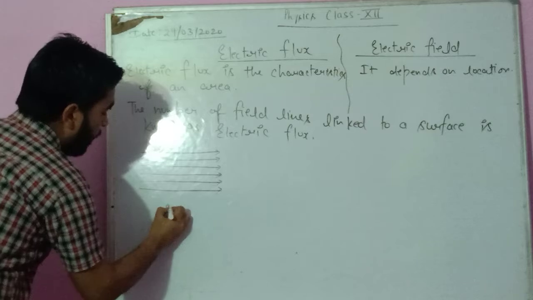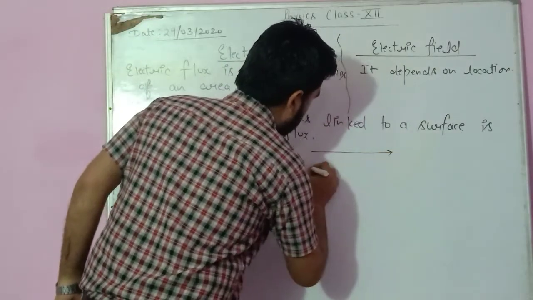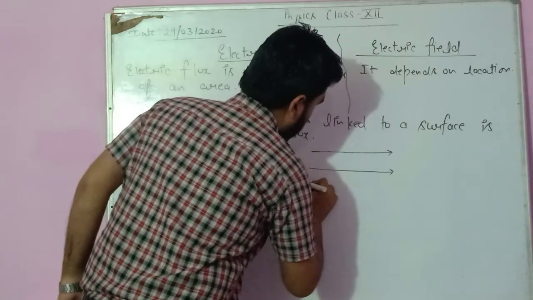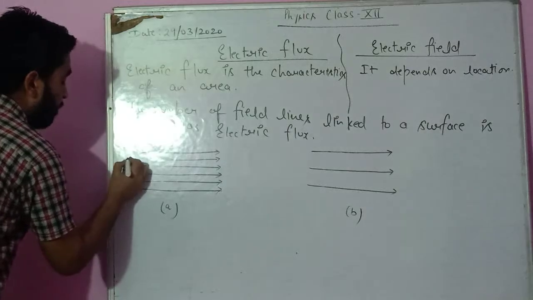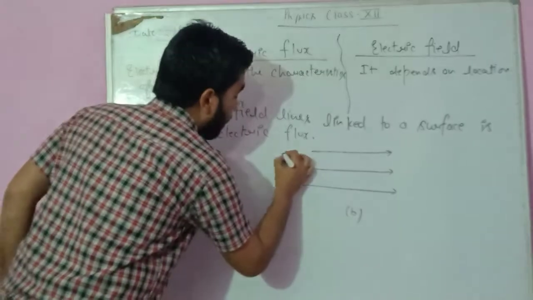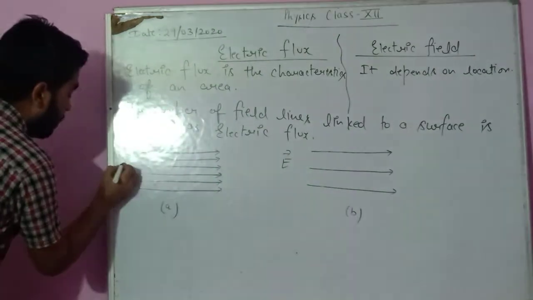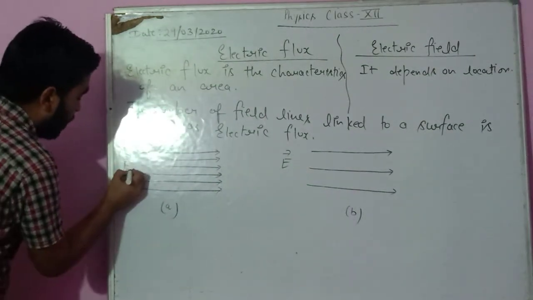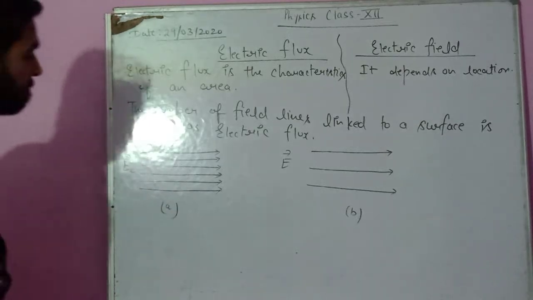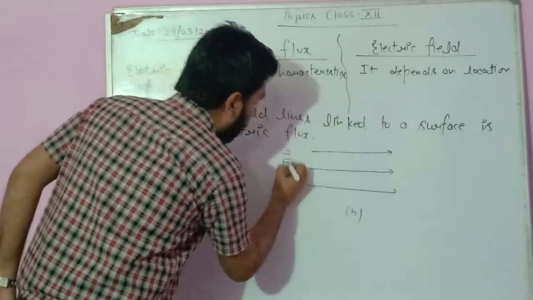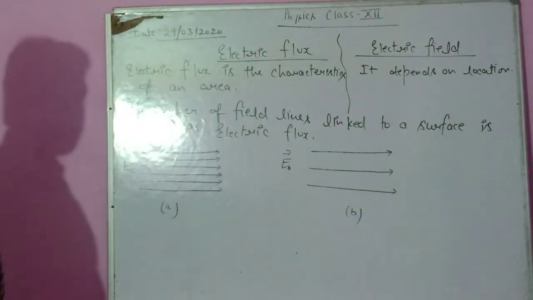Say this is figure A, and now I am drawing figure B. This is electric field at one location, and this is another electric field at another location. This is location A, so I am naming it EA, electric field of location A. And this electric field is in location B, so I am naming it EB.